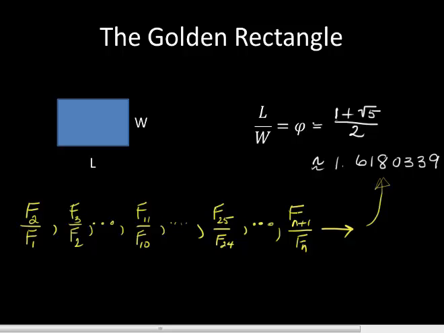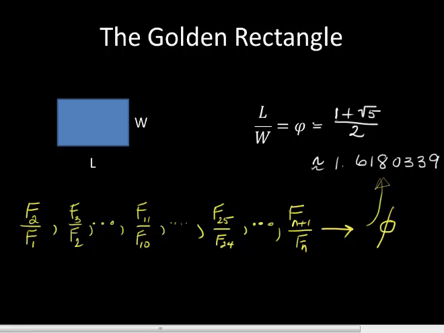So we say that the ratio of successive Fibonacci numbers approaches the irrational number phi as n approaches infinity. So keep that in mind, that the golden number phi is very much associated with the Fibonacci sequence.